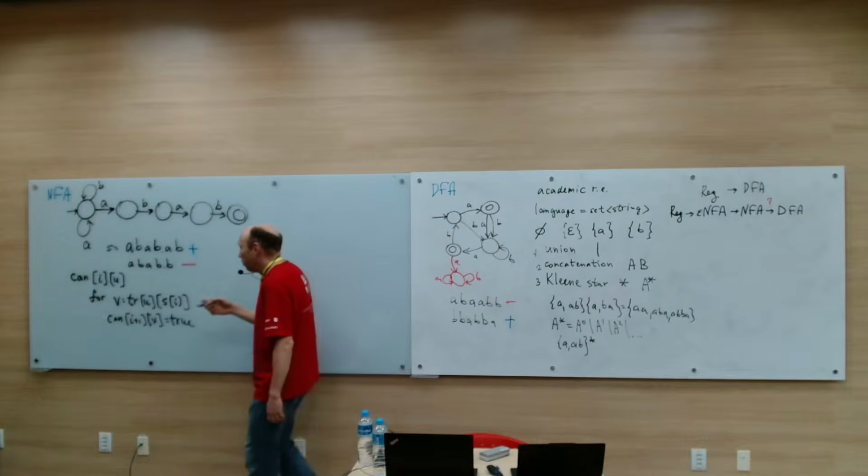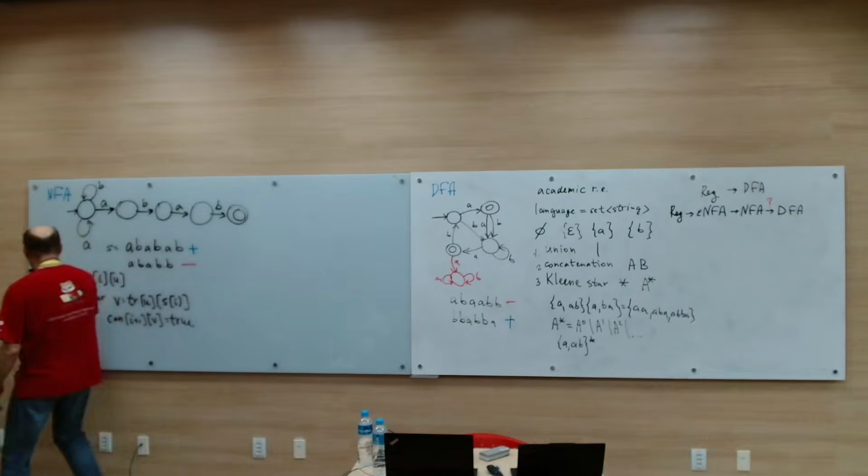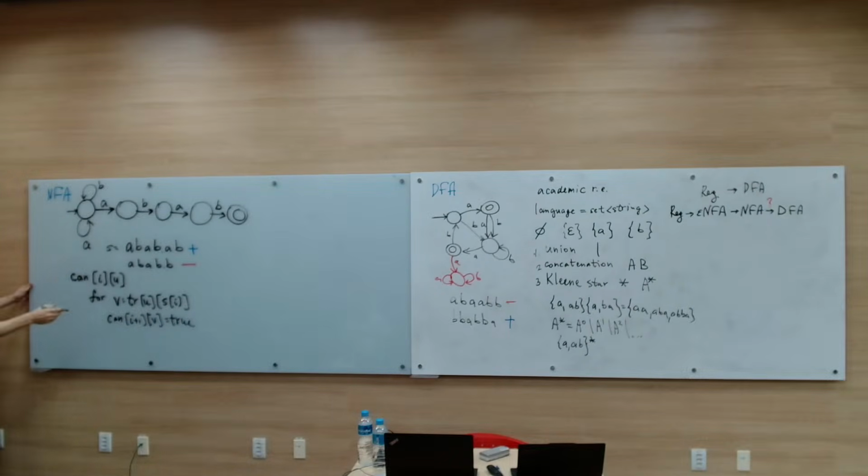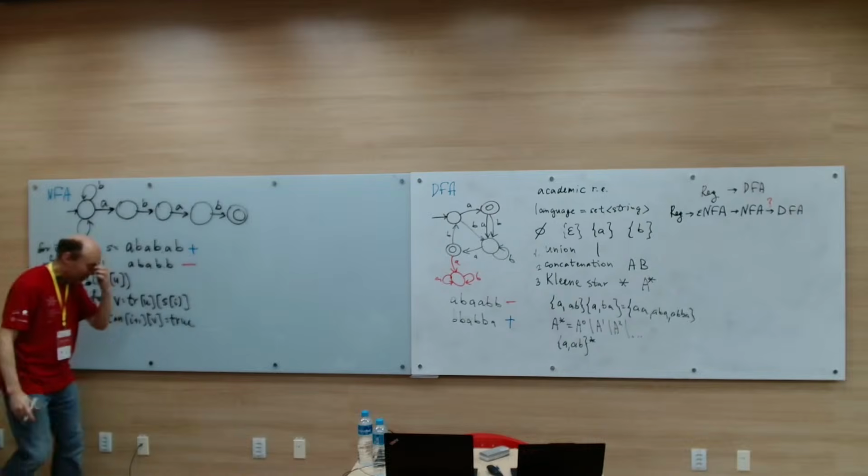Of course, I omitted all the fors and ifs: for i from 0 to length of s minus 1, for u from 0 to n minus 1, if. Okay? I just wanted to give you the core of the presentation.